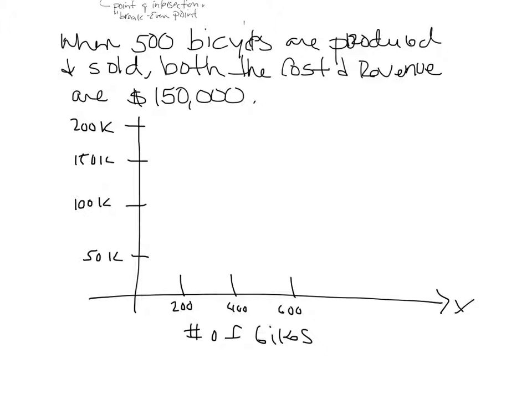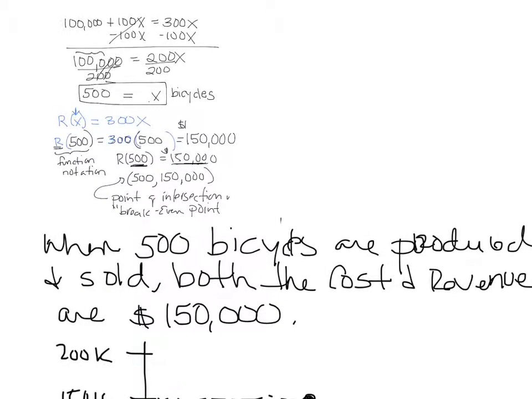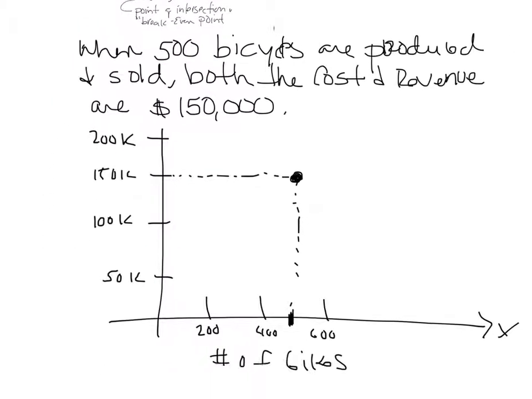So if you graph, what's our point? 500 bicycles is right here, and 150,000. The two lines should intersect right there. That's the break-even point. Now if we graph our revenue function and our cost function, here's our revenue function, 300x, that's y equals mx plus b.